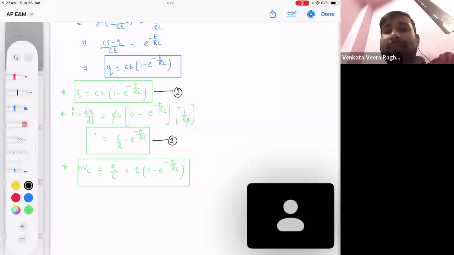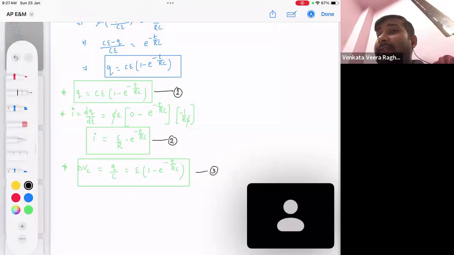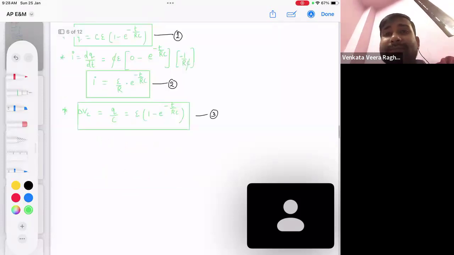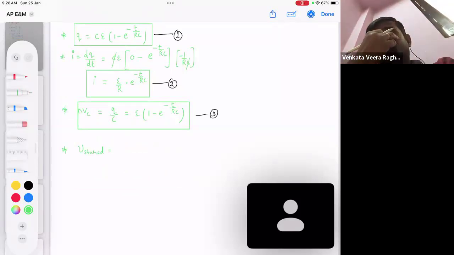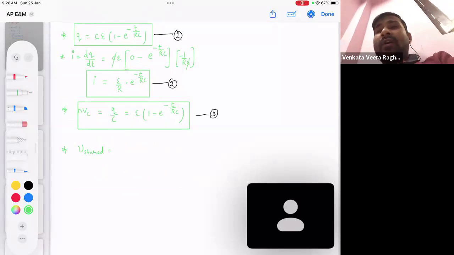What else can I calculate here? Can we calculate the energy stored in the capacitor as a function of time? So what will be the energy stored in the capacitor as a function of time? The charge of the capacitor is known to us, and the potential difference across the capacitor is also known to us.